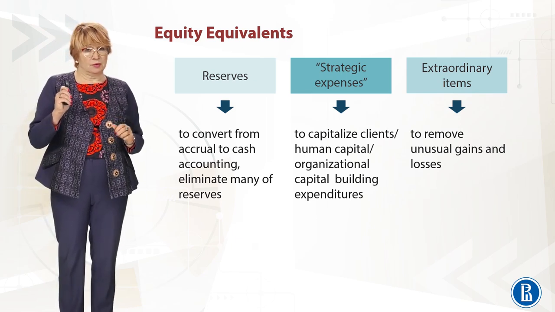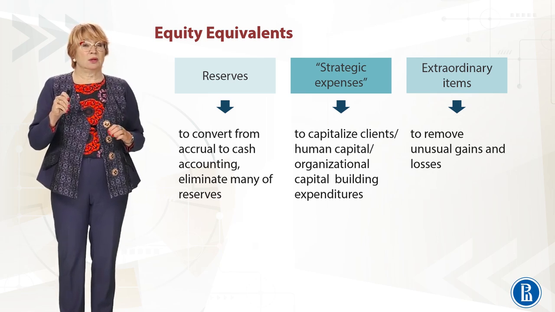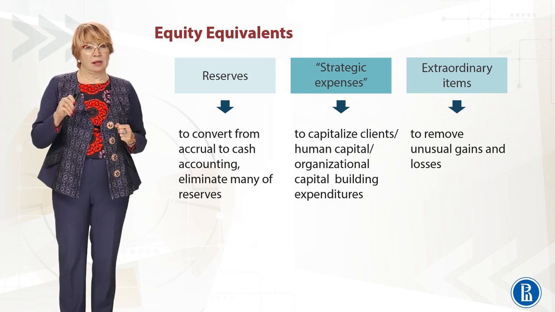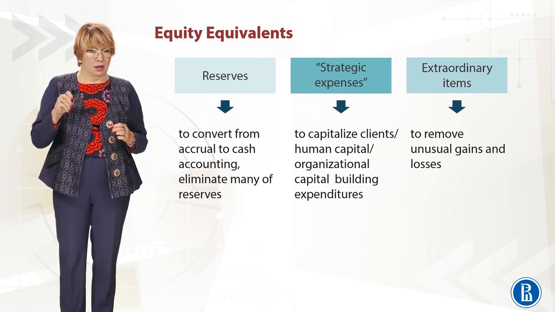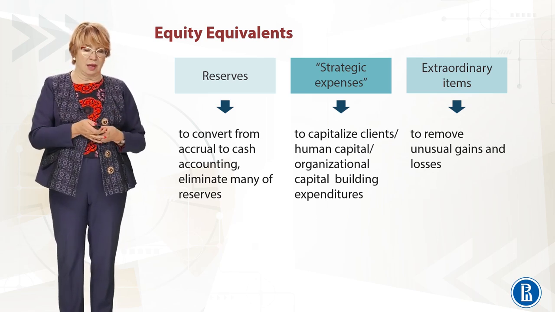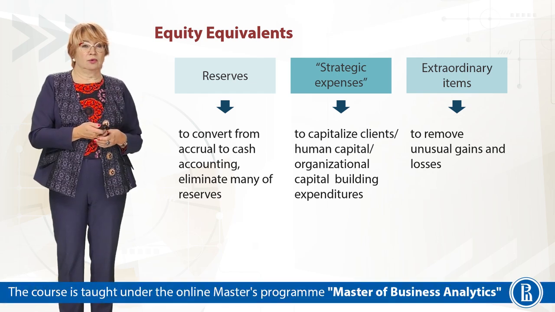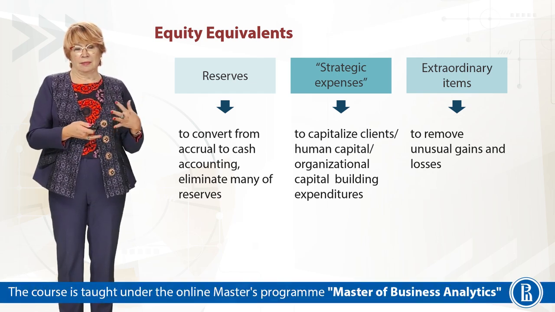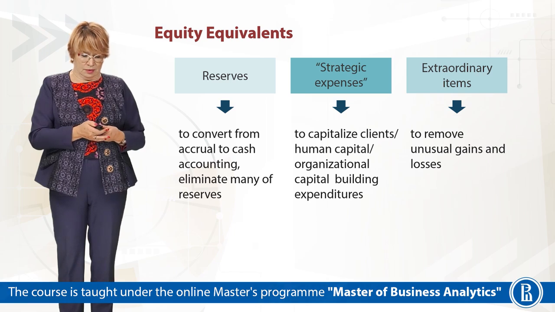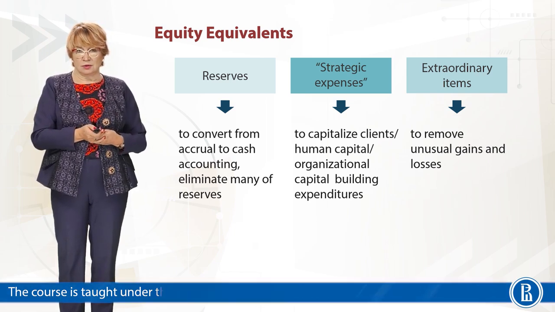They should be first analyzed, and you should capitalize those expenses, and then you will get these 3 different types of components of intellectual capital. In case of extraordinary items, you will remove these unusual gains and losses. In case of the reserves, you will convert them from accrual to cash accounting and just try to escape possible accounting distortions.